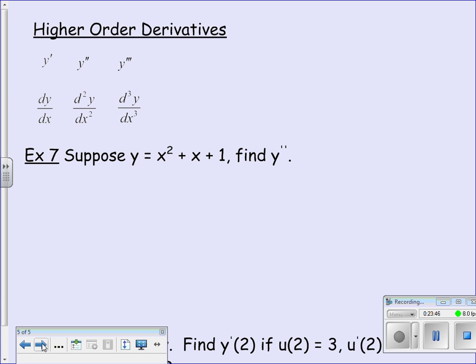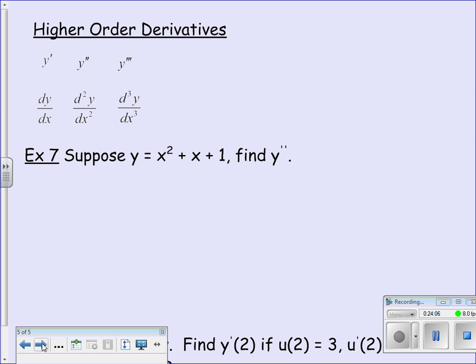Now, you'll see more often the derivatives where you want the second or third derivative written in the notation shown below that. dy dx is the first derivative. d2y dx squared. d3y dx cubed.